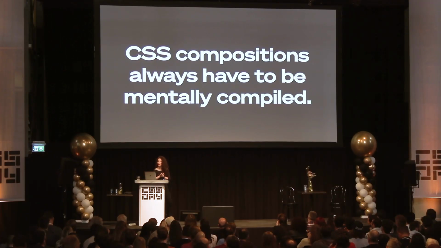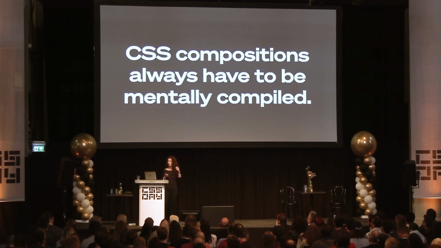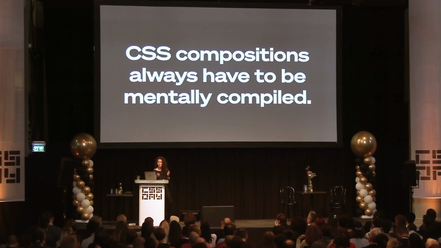So when I was chatting with PPK about the topic of this talk, he made a good point about the fact that one of the downsides of atomic CSS is that you look at all the classes and you have to mentally compile them. And there is no denying that. But whether you're doing atomic or semantic CSS, you have the same problem.